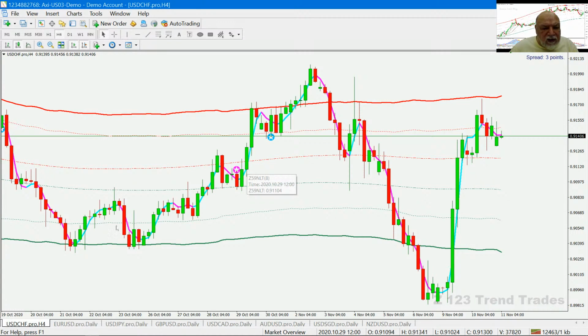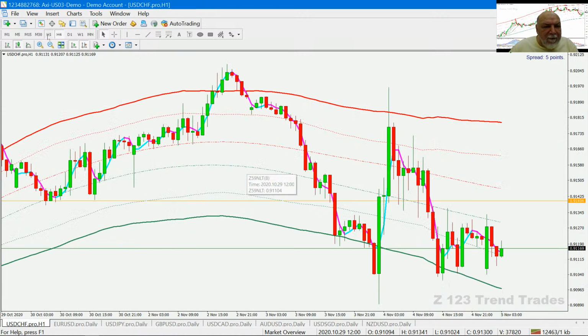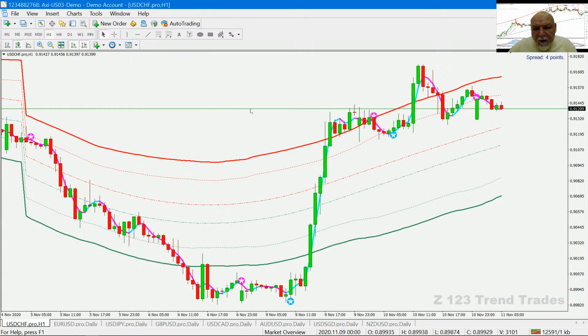All right, so let's go ahead and see what we've got on an hourly chart. Okay, here we have an hourly chart, and there we go. Here we got the 1, 2, 3 reversal. Now, again, everything looked good for it to go down.